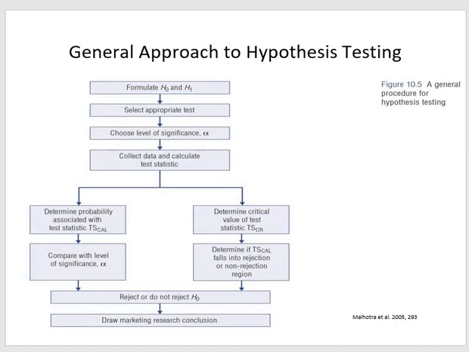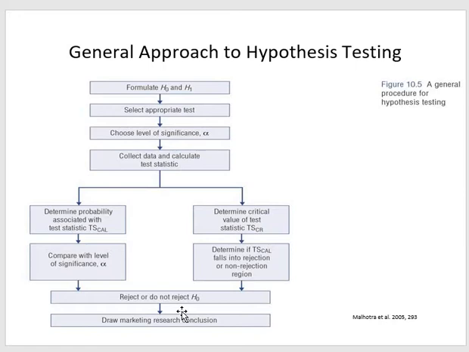Once you have done all this, based on whether it falls in rejection or non-rejection, you will decide what? Reject or do not reject your null hypothesis. And see, always when you are running this test, you are always considering the null hypothesis. So either you reject your null hypothesis or you accept your null hypothesis.